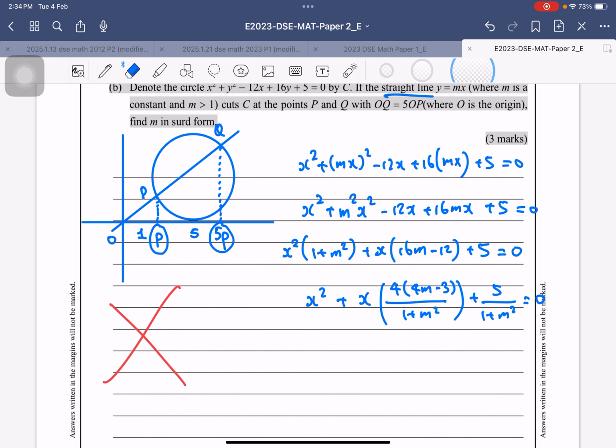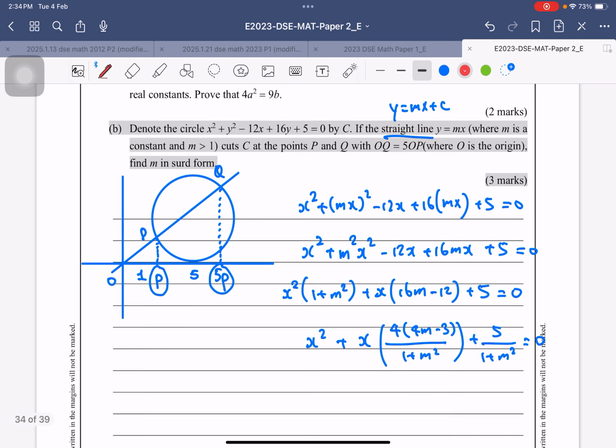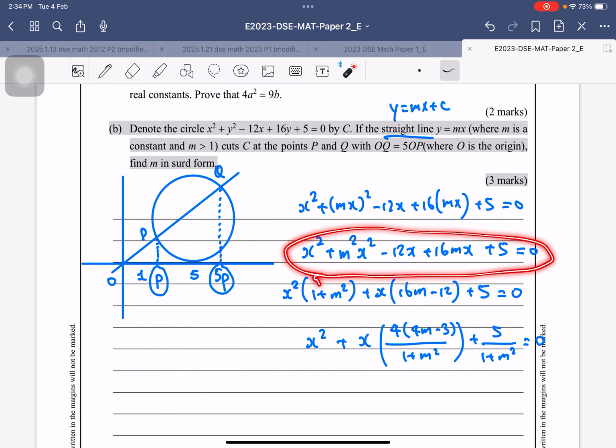After I substitute in and change into the general form, I take out the x squared as the common factor, so I have 1 plus m squared. And for this part, I take out x as the common factor, so I have 16m minus 12.